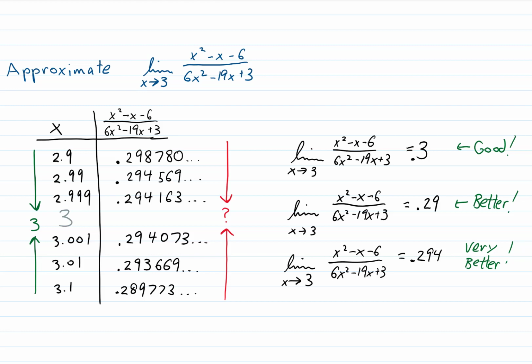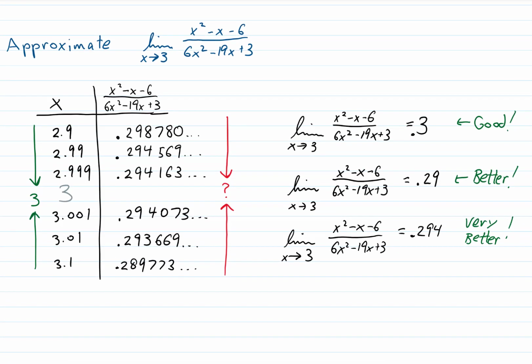And what you would find is that the exact answer is actually, I worked this out earlier and I believe I got 5/17. I think that's what I got. Let me think here. 5 over... Yeah, that looks right.